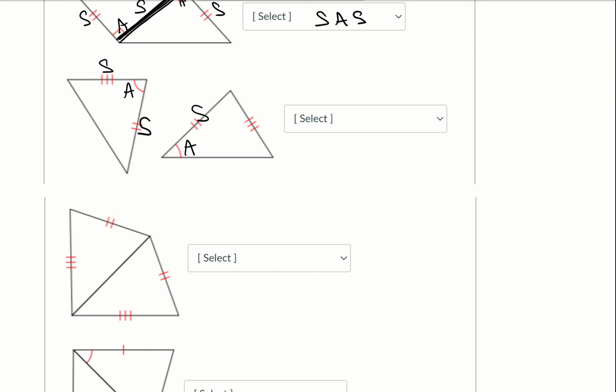This is a side angle, and this is a side angle side. So this right here does not correspond to this according to the diagram. In this case, we cannot determine this, based off of SAS or SSS or anything like that.